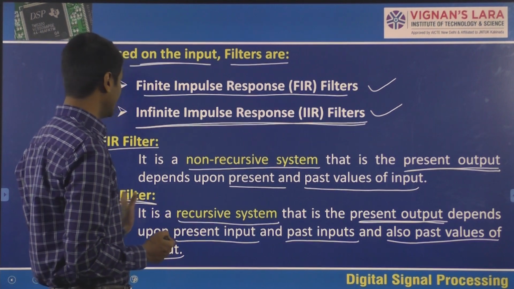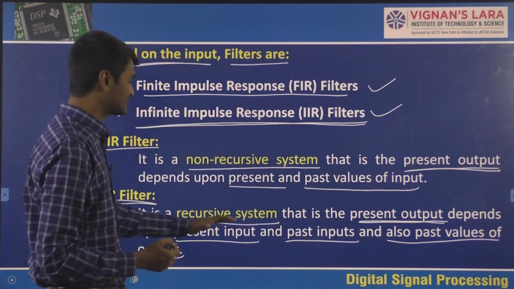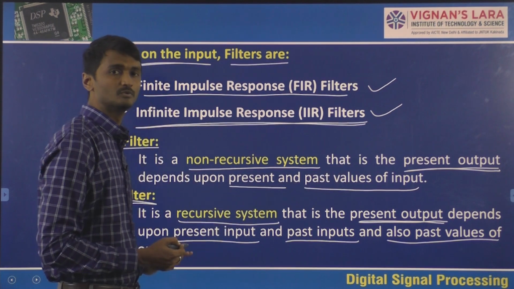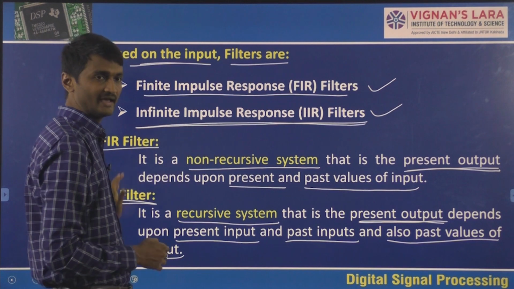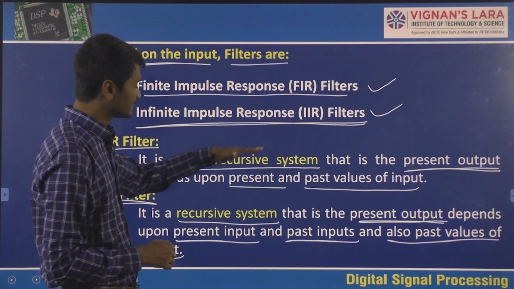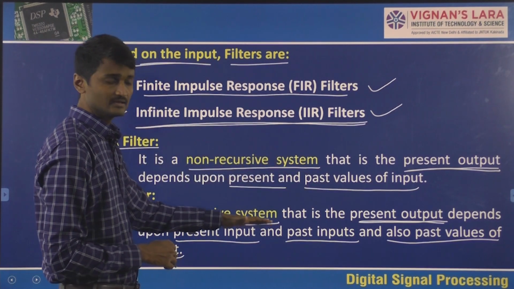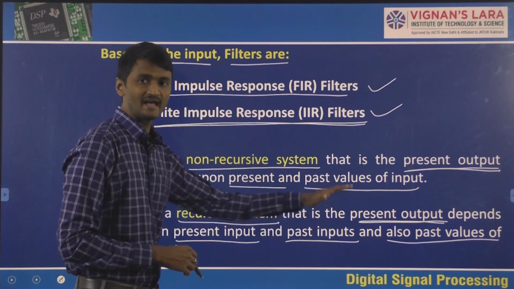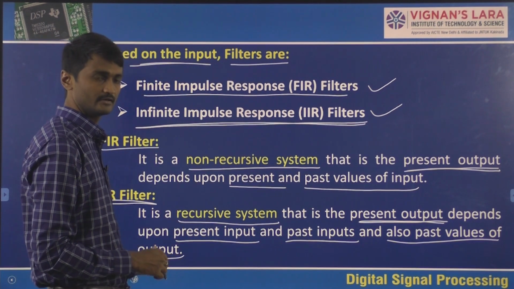IIR is a recursive system, that is, the present output depends upon present input, past input, and also past values of output. So FIR is non-recursive, IIR is a recursive system. In FIR, the present output depends only on present input and past input values, but in IIR, the present output depends upon present input, past input, as well as past values of output also. Okay.